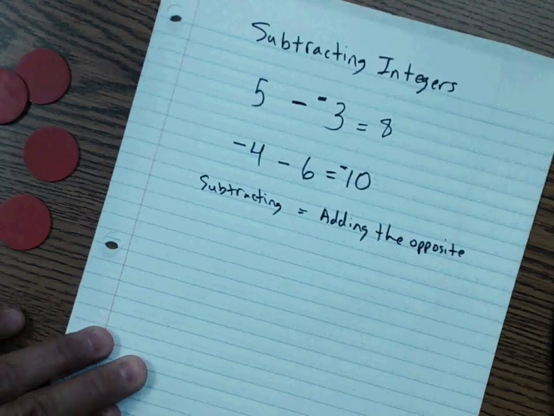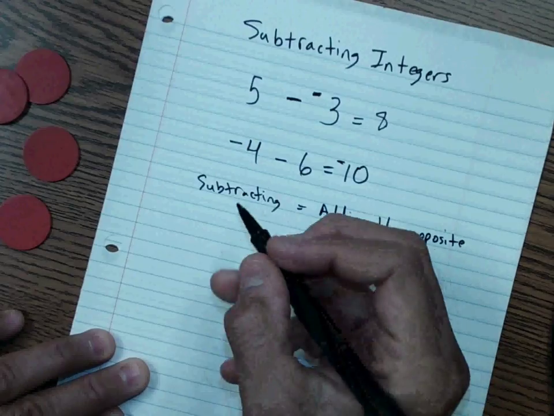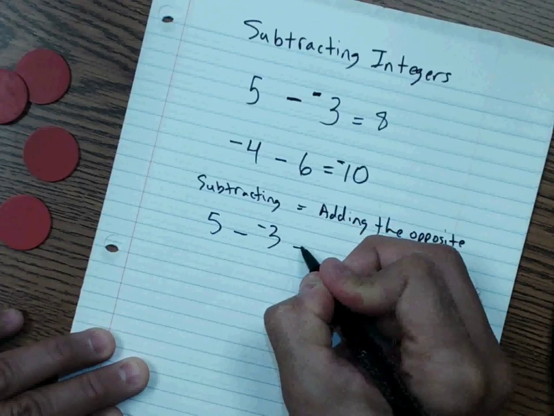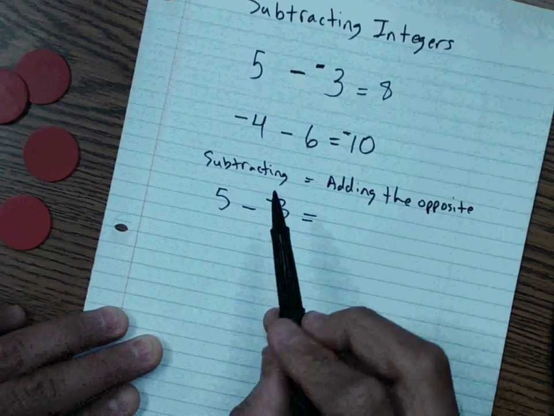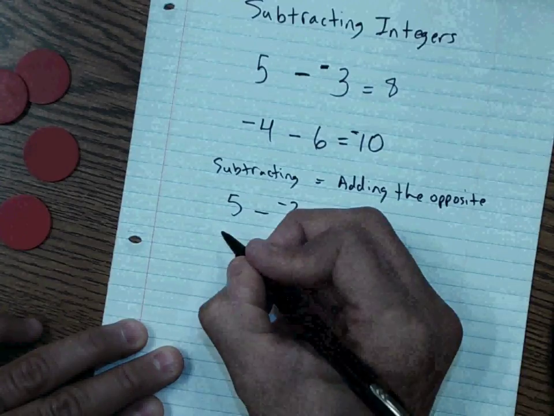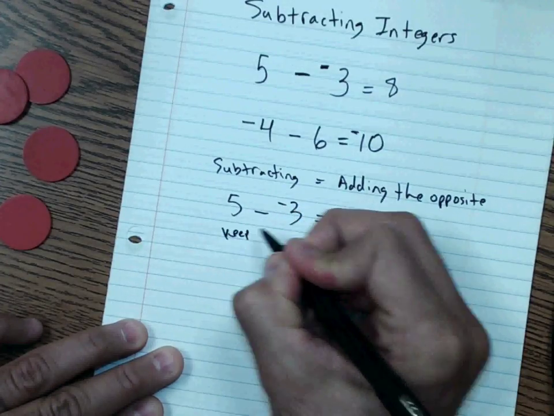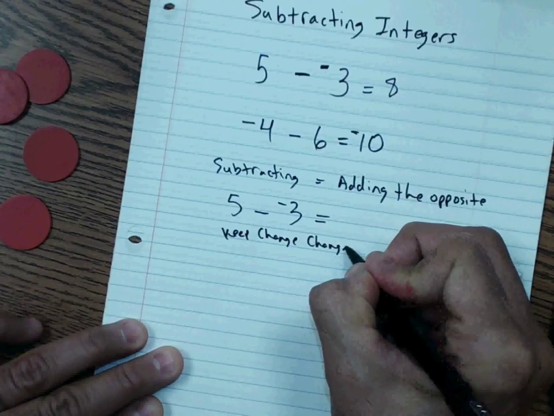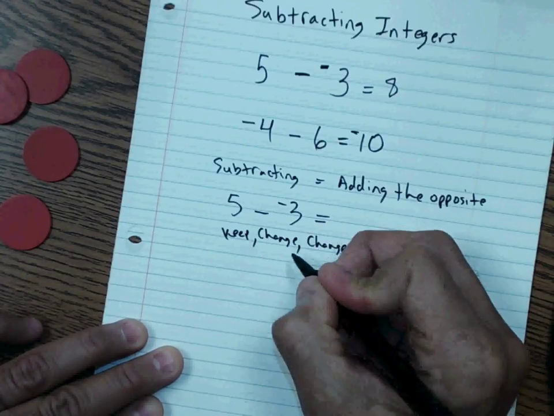Let me show you an example. Let's go back to our first example. I'm going to use 5 minus negative 3. Well, here it's adding the opposite, so I'm going to use my keep, change, change rule. Keep, change, change. KCC.